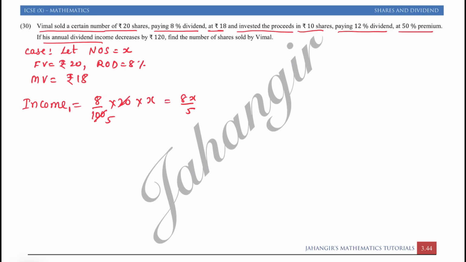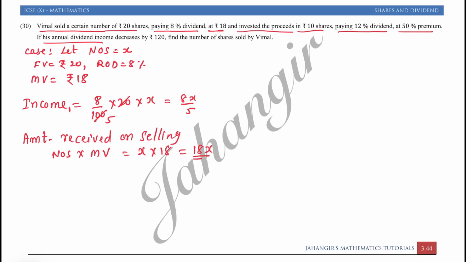Now what they say is, Vimal sold a certain number of shares, meaning he sold x shares at a rate of rupees 18. The amount received on selling is the number of shares he holds into market value. So that is x into 18, that is 18x.